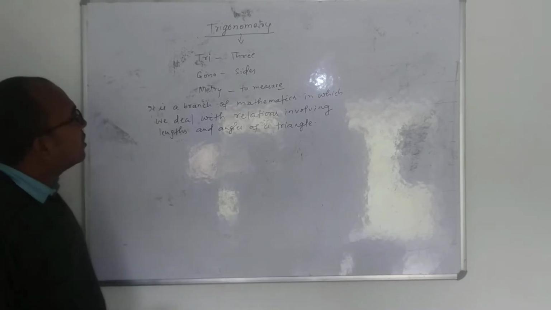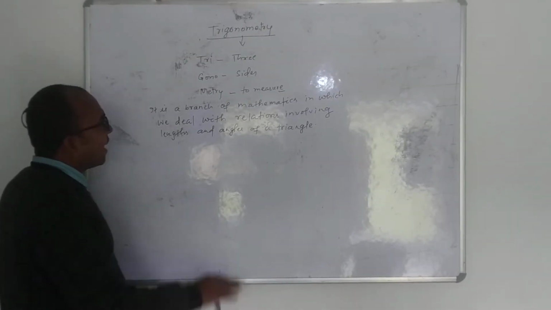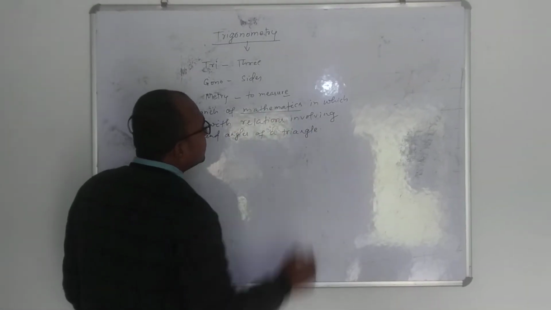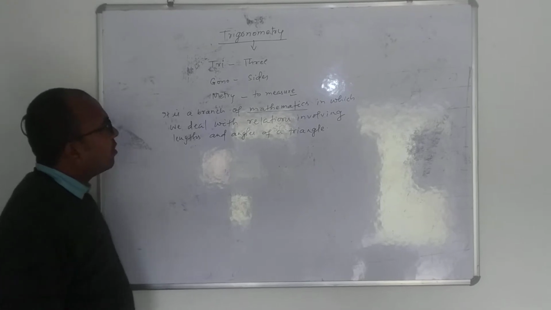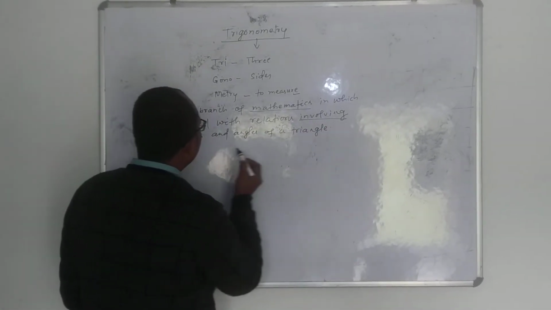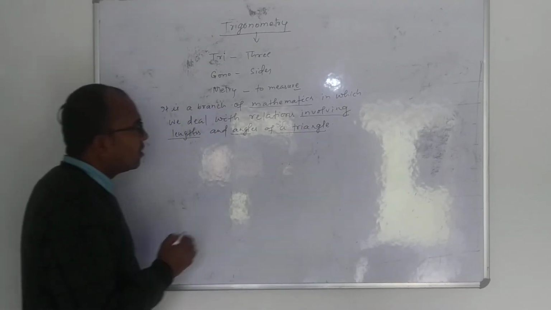Students, here we define the word trigonometry as a branch of mathematics in which we deal with what? Relations involving what? Lengths and angles of a triangle.